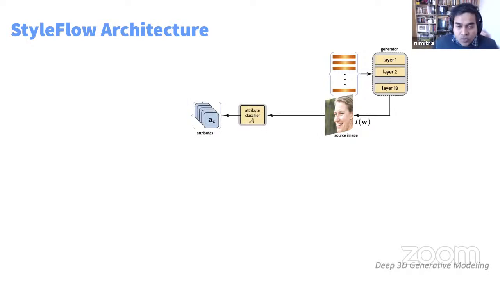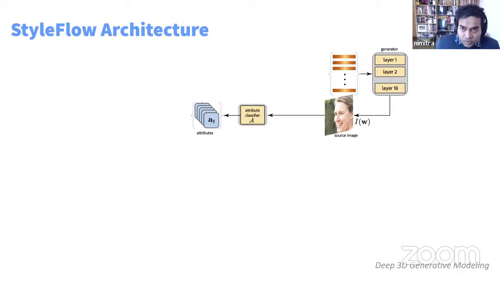So we train a set of attribute classifiers that gives us attributes of this image. So now we are deviating from our original goal. It is supervised, but it's supervised in the image space where we know whether the person is smiling, maybe the gender of the person, the age of the person, etc. And now we can do a conditional control, but again, it's control rather than conditional generation.